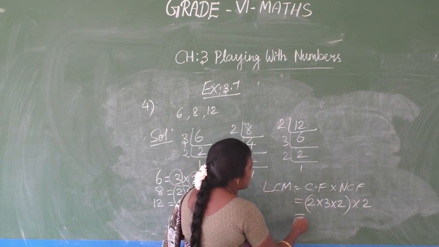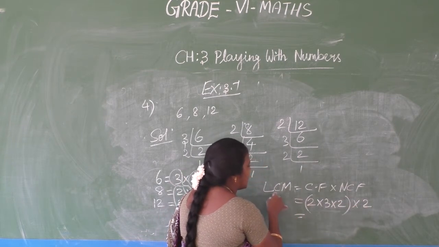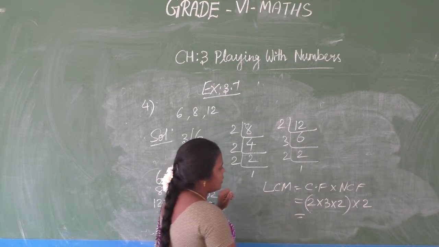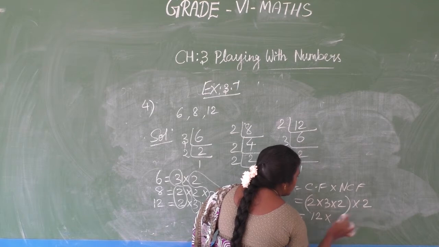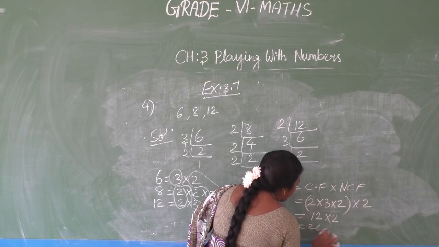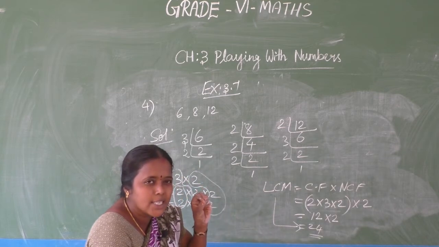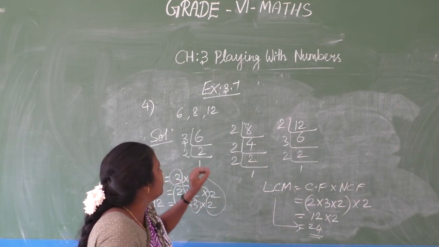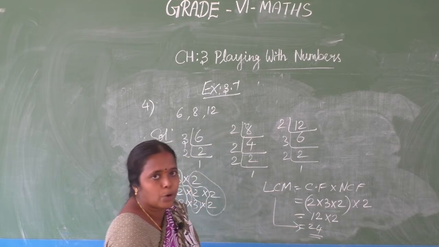Multiply all, the product of common factors and non-common factors, is the LCM. 2 3s are 6, 6 2s are 12, 12 into 2 is 24. So the LCM is 24. That means the least common multiple of 6, 8, 12 is 24 only.